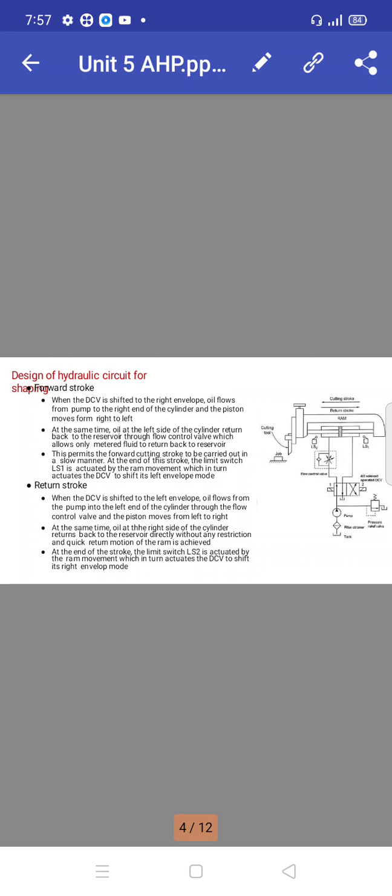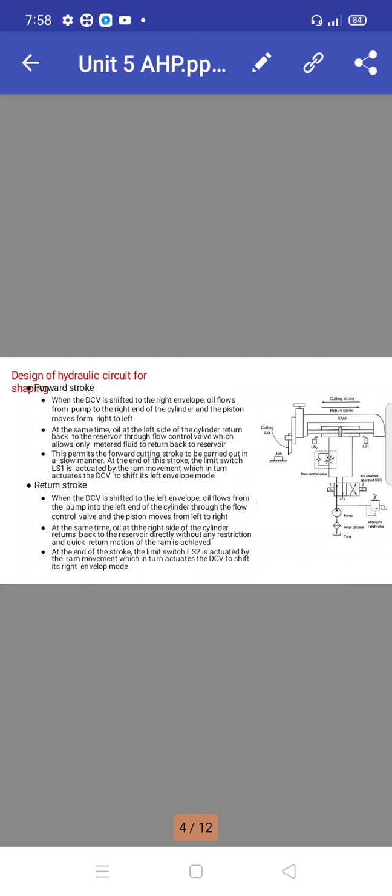The ram movement is executed by the slider crank mechanism, or a quick return mechanism. So the mechanism is provided to come back, or utilize the return stroke, at a faster rate compared with the forward stroke.